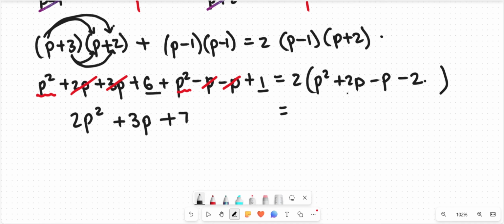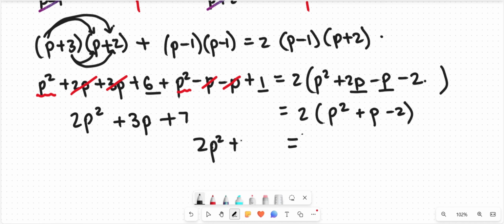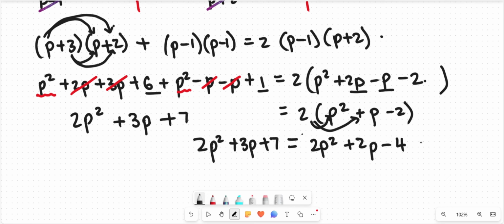There we go. Then on this side, I'm going to do my like terms first. So 2P and the negative P give me a P. And then I'm going to distribute my 2. Let's see how that looks. P squared times 2 is a 2P squared. 2 times a P is a 2P. And a 2 times a negative 2 is a negative 4.